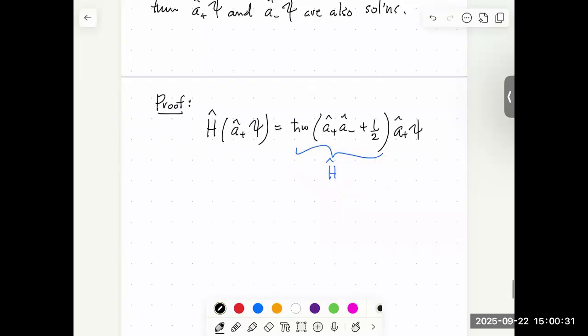Okay, so my first order of business is going to be to distribute the A plus. And I can't pass those operators, so I'm just going to stick it on the end here. Okay, so we have h bar omega, A plus, A minus, A plus. So we got this little daisy chain of A operators, plus 1/2 A plus.